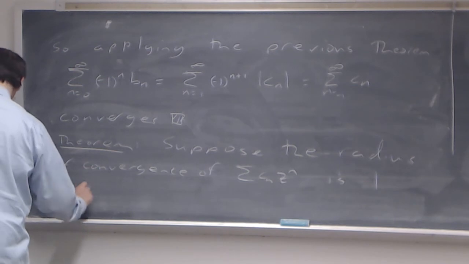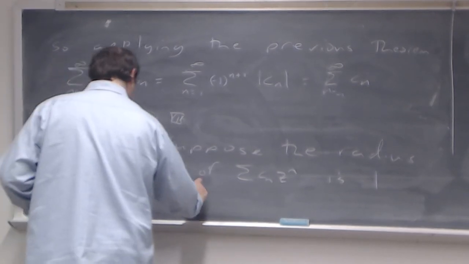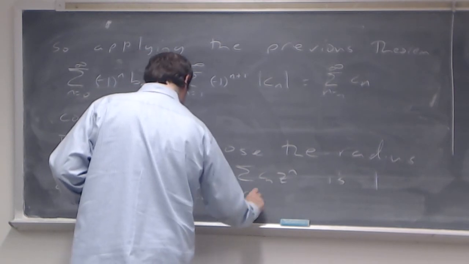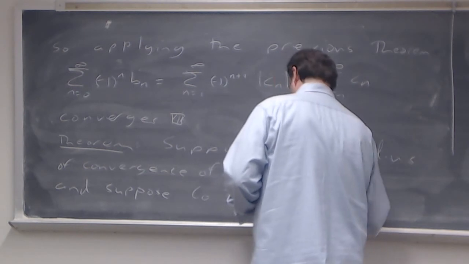This theorem is more like an example of nice convergence. And suppose that c sub 0 is less than or equal to c sub 1, which is less than or equal to c sub 2, and so forth.